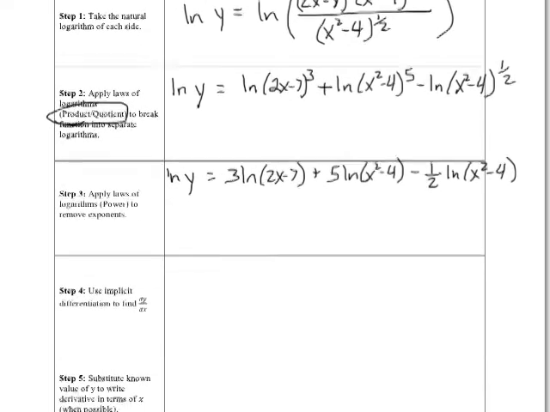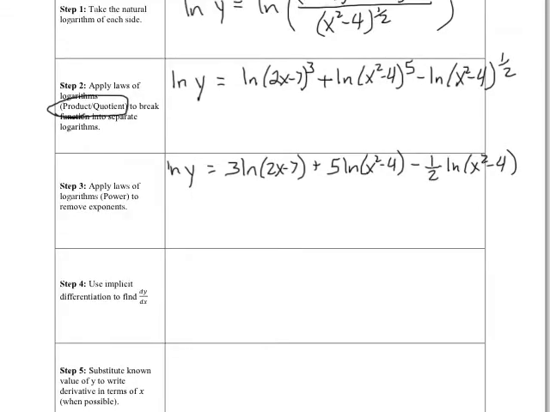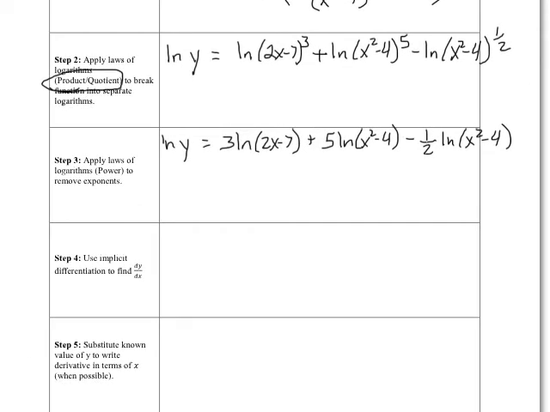Step 4 says use implicit differentiation to find dy/dx. So the derivative of the left is going to be 1 over y times dy/dx.